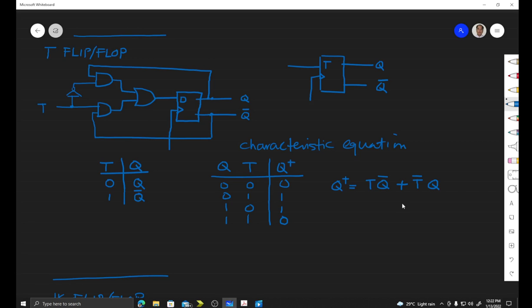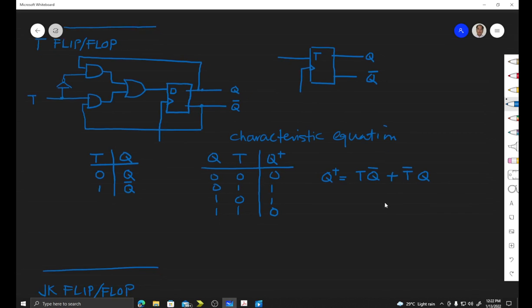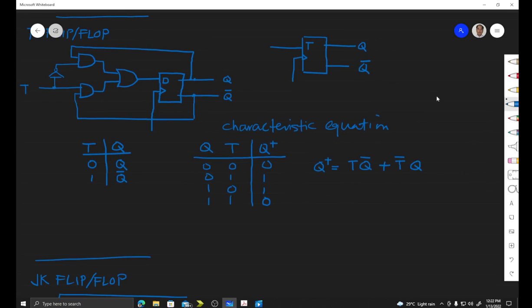Let us also take the excitation table so that we can use it in our sequential logic design. Suppose our present state is Q and the next state is Q plus.